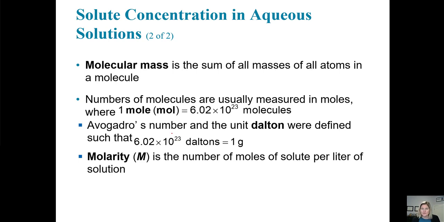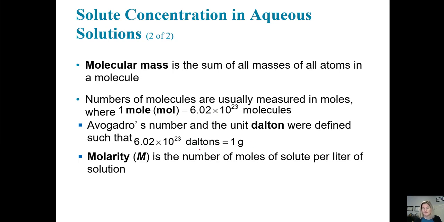Now, Avogadro's number states that the unit Dalton is defined such that 6.02 times 10 to the 23rd Daltons equals 1 gram. So if we have 2 grams of table salt, then 1 gram of sodium plus 1 gram of chlorine equals 2 grams of table salt.